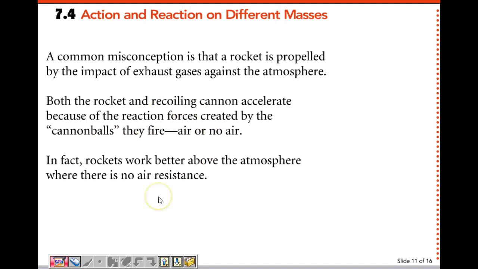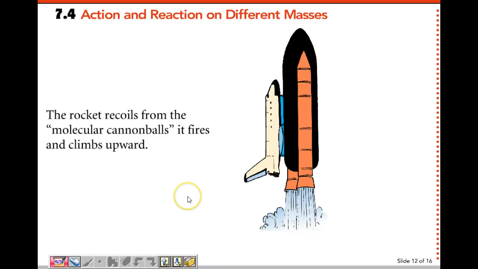In fact, it's true that rockets actually work better where there's no air because there's no air resistance to stop the rocket or slow it down. And so again, the rocket recoils from these little molecular cannonballs. The rocket pushes them out. Each of those little gas molecules pushes the rocket back, and what you get is the rocket moving forward with an acceleration.